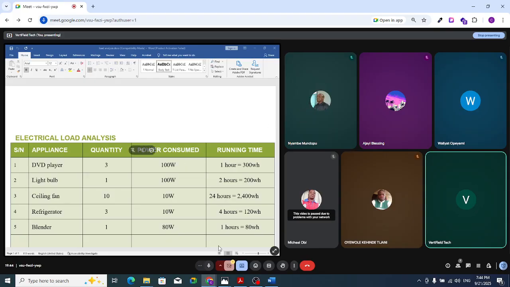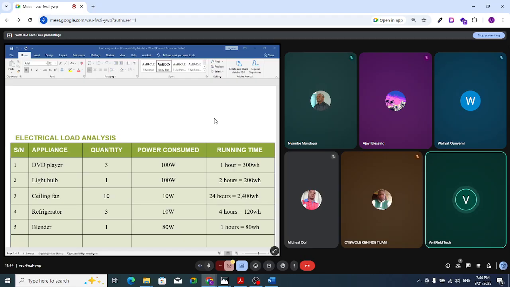Okay, now back to the data on my screen that you all can see. I said it is a typical example of an electrical load analysis table. Now let us assume again that Mr. Nyabe has invited us for a solar installation in his facility, and in this case it is his house.